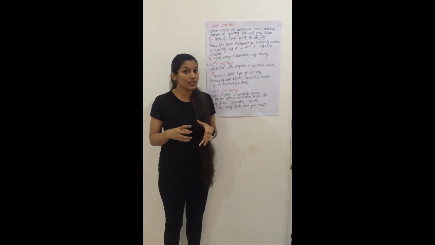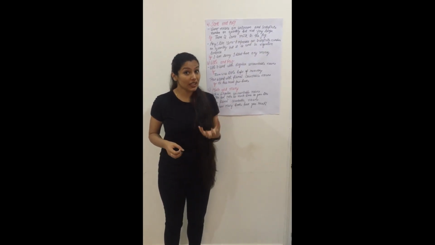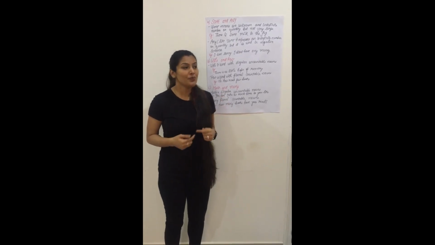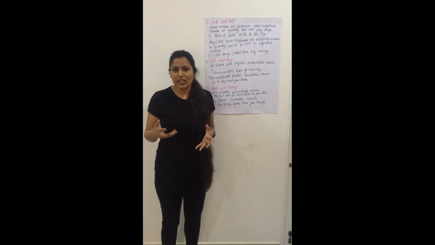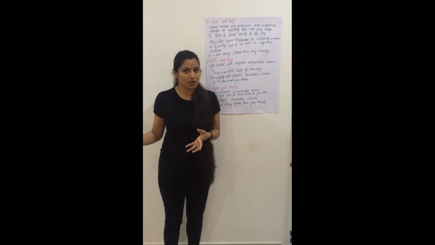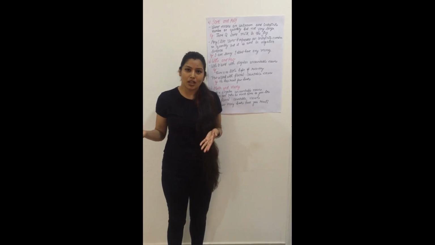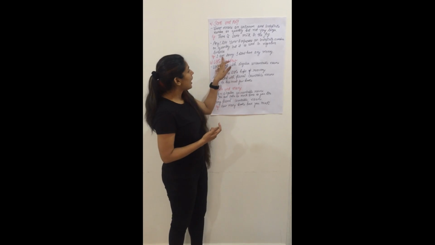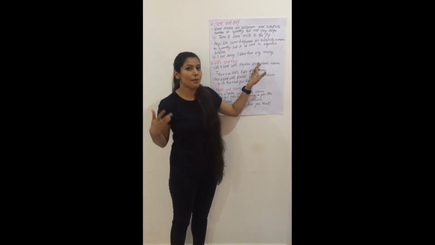Here we know that there is some milk in the jug, but we don't know the exact quantity of the milk in the jug. So we have used some here. Next one is any. Just like some, it also expresses an indefinite quantity or number, but it is basically used with negative sentences, as I told you earlier. For example, I'm sorry, I didn't have any money.